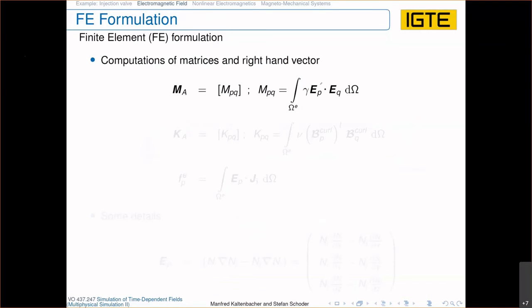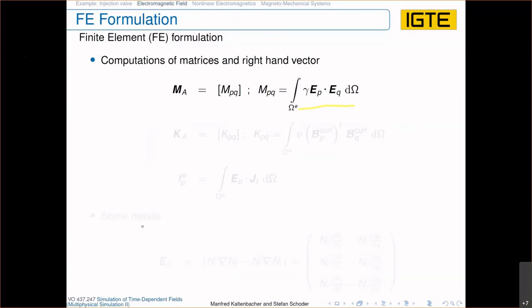We put in our basis functions, so we have the dot product between these vectorial basis functions for P and for Q, and the dimension is the number of edges within our finite element. For example, for a tetrahedron we have 6 edges, so it is a 6 by 6 matrix.